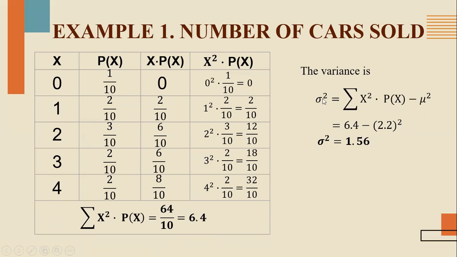So this is now the new formula. This is the formula for the alternative solution. So this is much easier. So we have 6.4 minus 2.2 squared, that is 1.56. So as you observe, we got the same answer. And then for the standard deviation, you will just get the square root of 1.56. The standard deviation is 1.25.